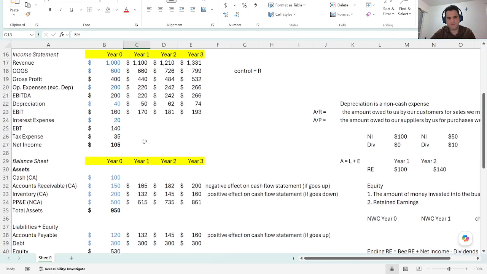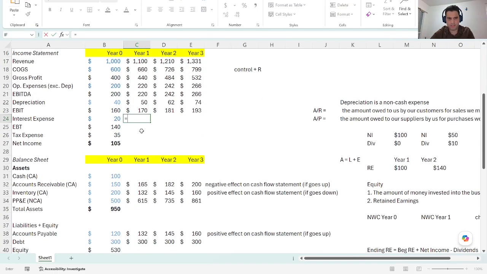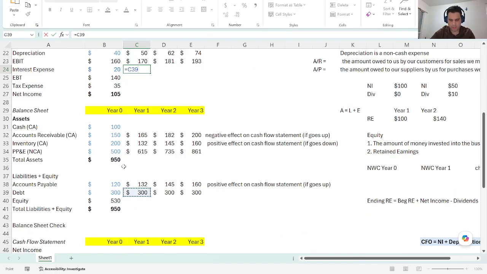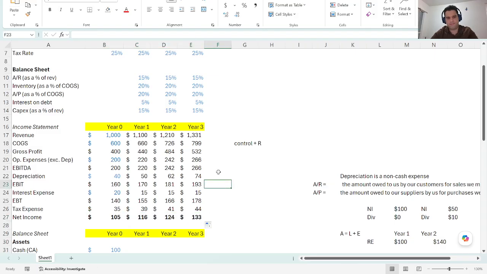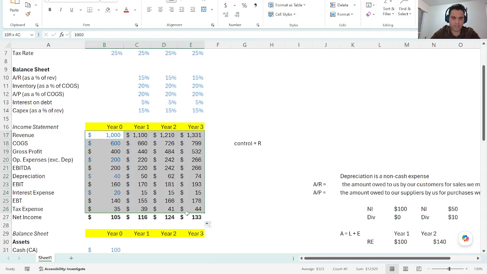So 5% of debt is interest. So debt multiplied with 5% will give us the interest expense. Earnings before tax is going to be EBIT minus interest expense. Our tax expense is again going to be a percentage of earnings before tax. Okay, so I can spread this to the right, and that's done. Our income statement is now fully complete.